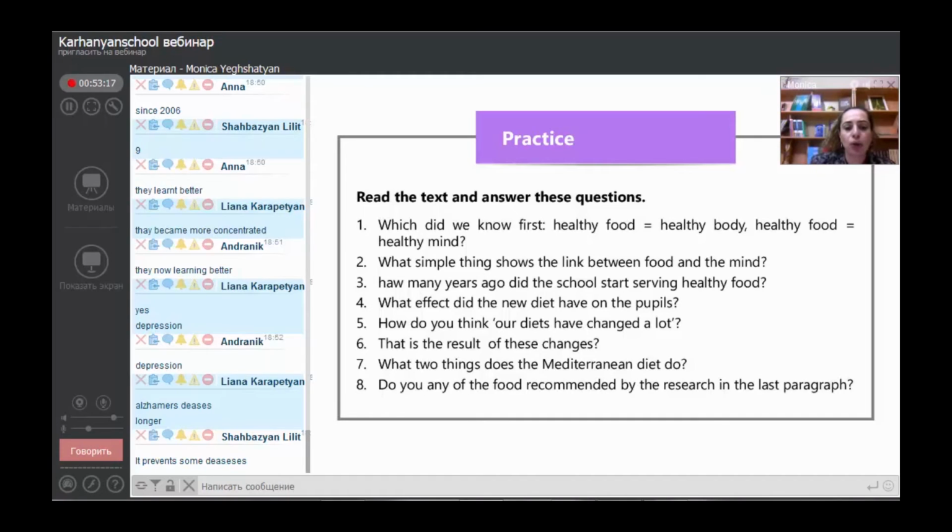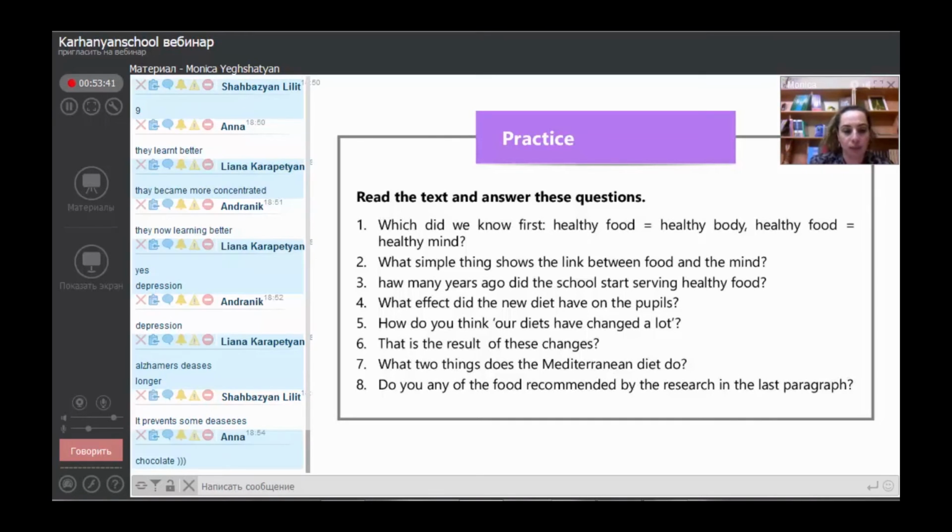Do you eat any of the food recommended by the research in the last paragraph? Do you remember the last paragraph? Olive oil, salmon. Please write sincerely. Do you ever cook or make salad with olive oil?